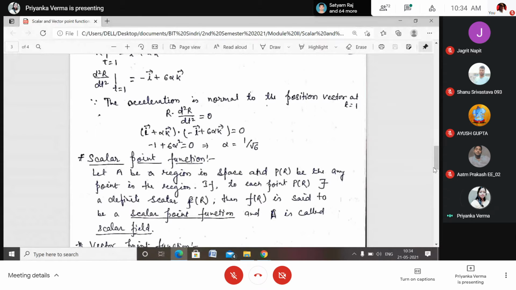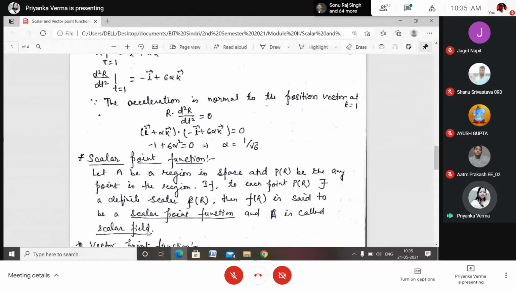Now, scalar point function and vector point function. See, what is a scalar point function? Suppose you have a region in space and P represents any point in this region. Now if for each point P there exists a scalar function f(r), then we say that this f(r) is a scalar point function and this region is called a scalar field.